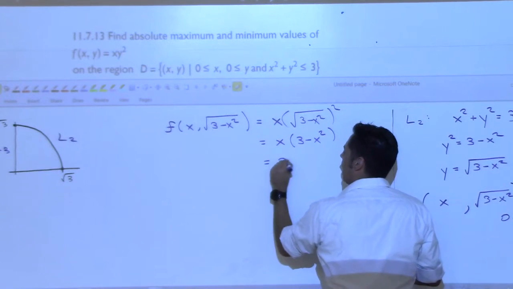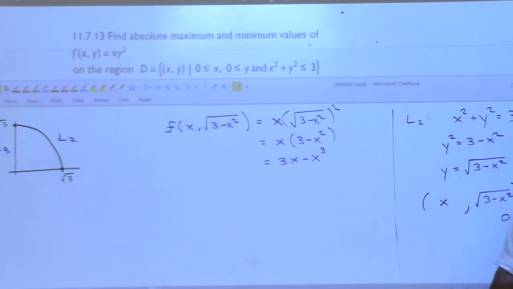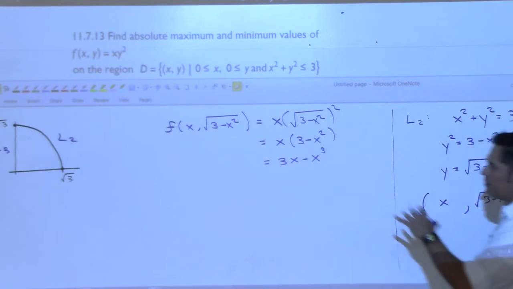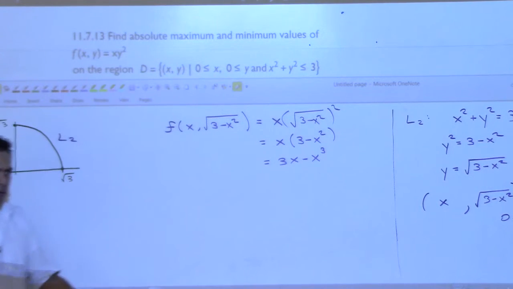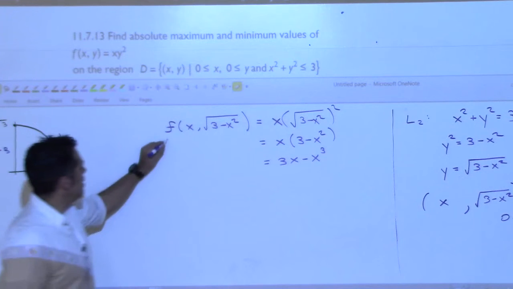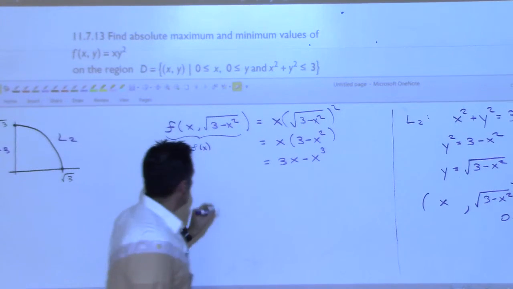And this is the first time we've had this. We have a cubic function. That's okay. I'm not afraid of finding the maximum or minimum of a cubic function on a closed interval because I have the derivative. This right here is a function of a single variable now. So I take my derivative.